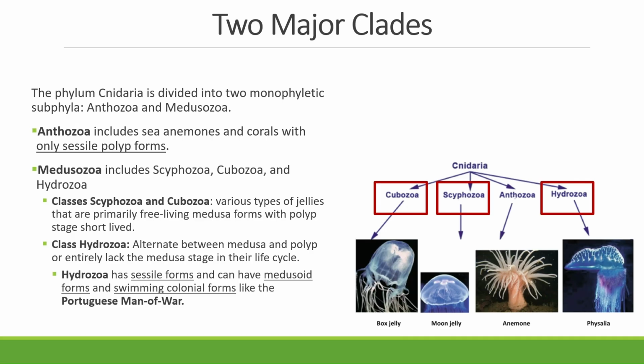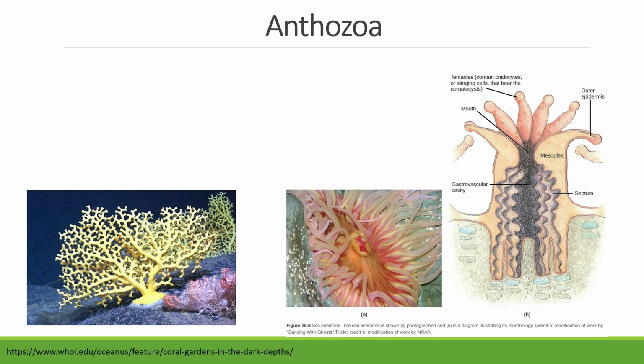Again, this group includes sessile forms as well as swimming colonial forms, such as one really interesting example called the Portuguese man of war, which we're going to look at in greater detail. These variations within Medusazoa show how the basic cnidarian body plan has been modified in different ways to suit different lifestyles within the same evolutionary lineage.